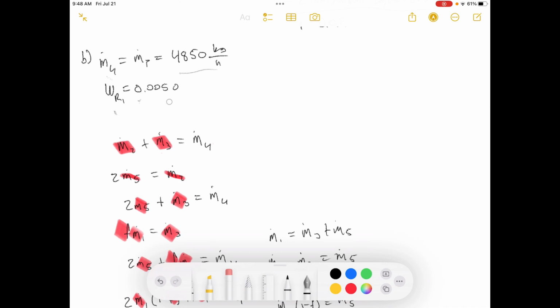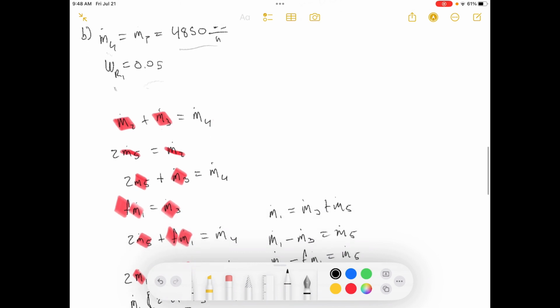So what I think they meant to do is to solve it for this value, for 5%. You can do that this way, and you'll still end up getting real numbers if you use that value. So I used this value.